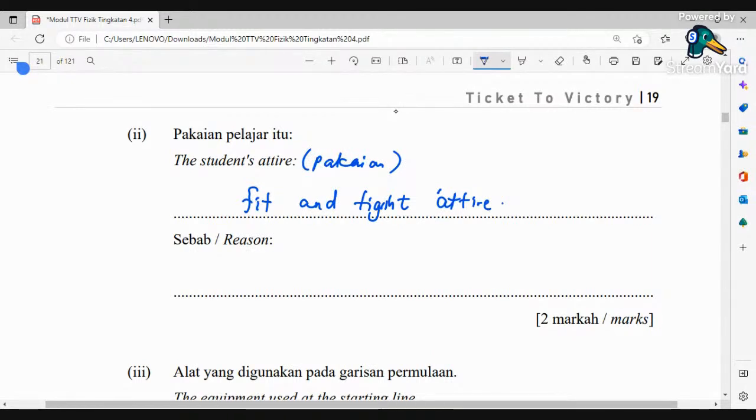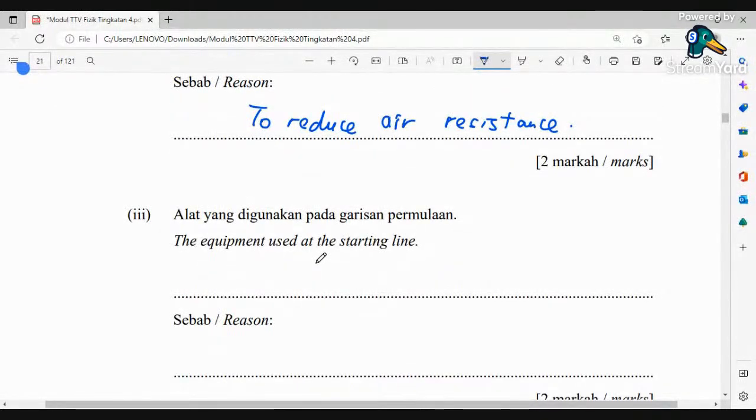Pakaian fit dengan tight, ketat. Okay, dia melekat di badan macam yang atlet pakai tu. Reason to reduce air. Okay, yeah. And then equipment use.